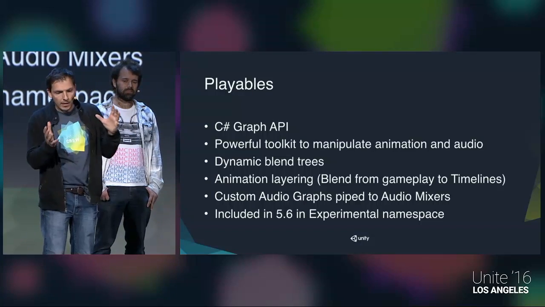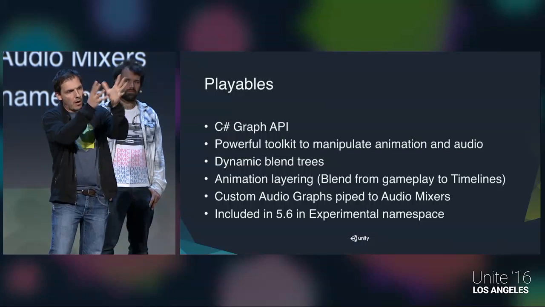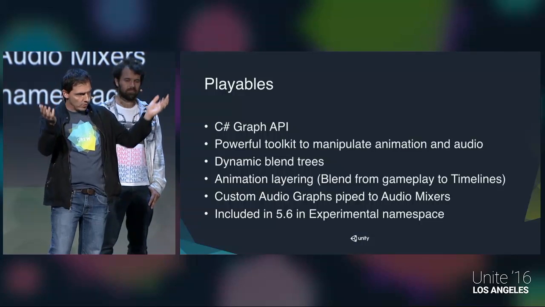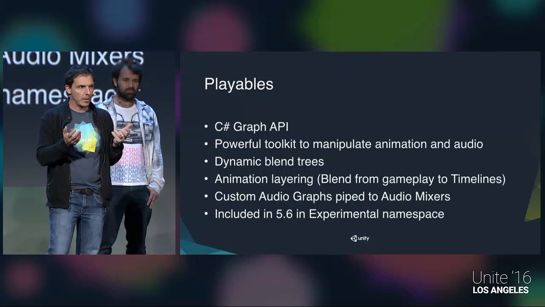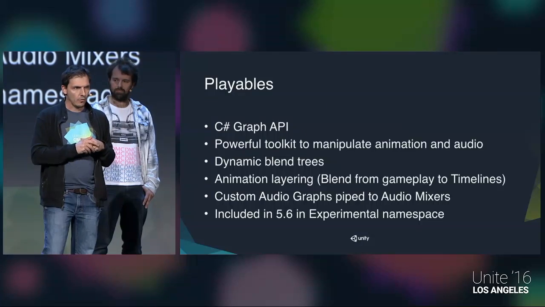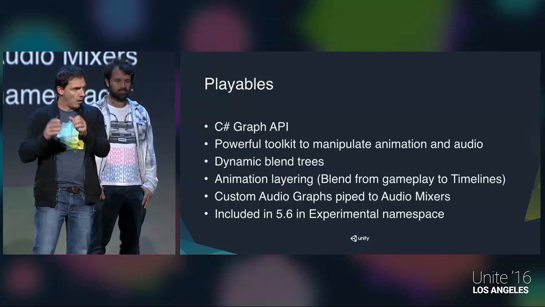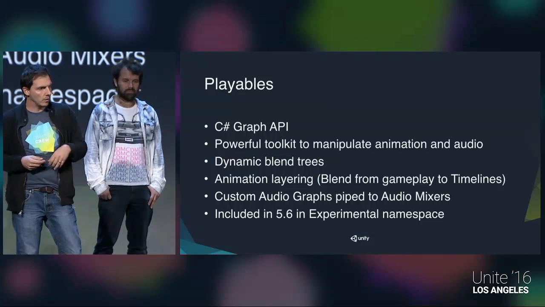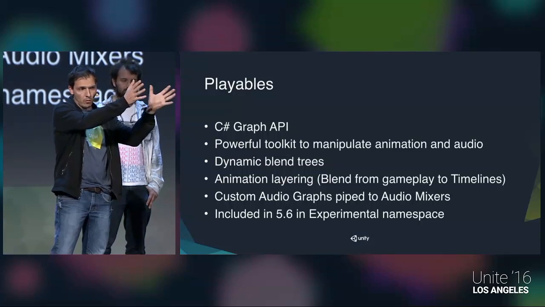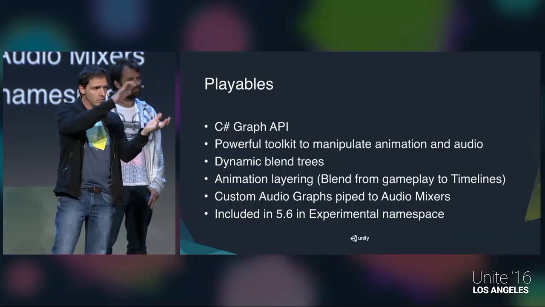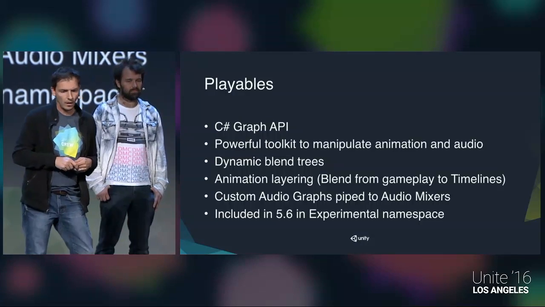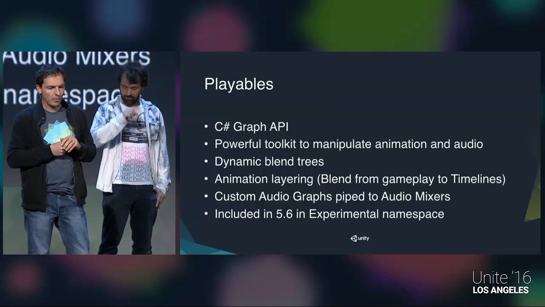So it's all dynamic, so a graph can actually spawn new branches dynamically at runtime. That means that you could have, for instance, an animation tree that spawns a graph that plays the state machine for a little while and then spawns another branch that blends to another state machine. So you can do very powerful stuff like that.